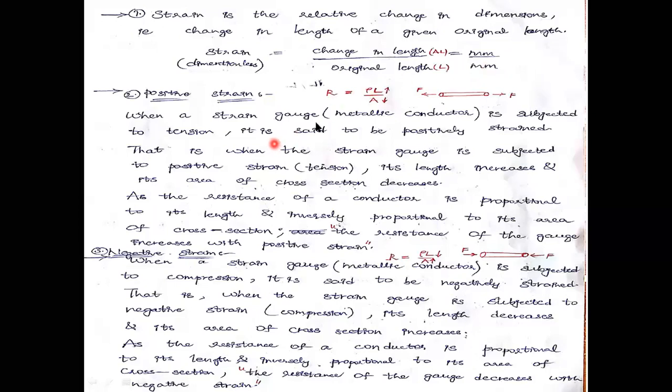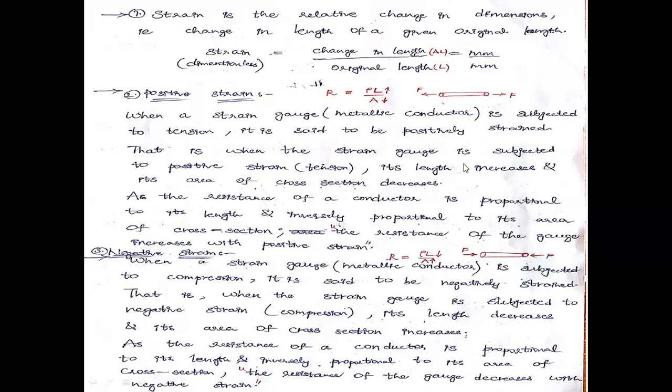And what is positive strain? We know the basic relation R is equal to rho L by A. If this area decreases, then this resistance increases. We can call this positive strain. When a strain gauge metallic conductor is subjected to tension, it is said to be positively strained.